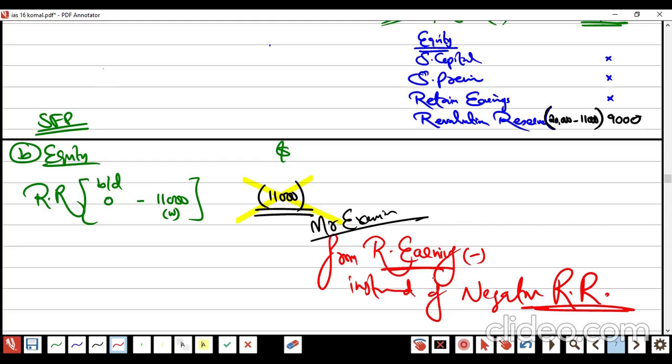So in order to save the SFP from negativity, instead of deducting it from the revaluation reserve, we will deduct it from retained earnings. That is the rule of IAS 16. Any problem in that? No. Very good. Those are small, tiny rules which you need to memorize. Otherwise, problem.